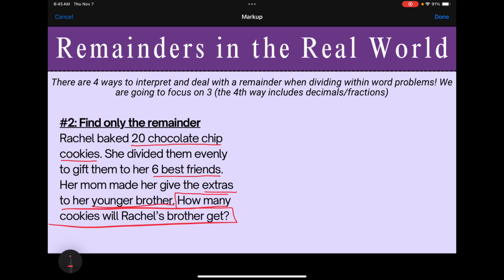So we're going to do 20 divided by 6, 20 cookies divided into 6 groups. And we're going to ask ourselves, how many times can 6 fit into 20 without going over? So skip counting, 6, 12, 18, 24 would go over, so 6 can fit into 20 3 whole times. That would get us to 18.